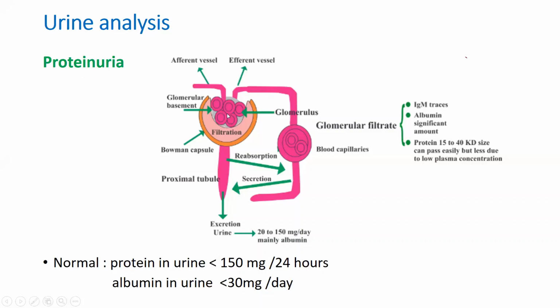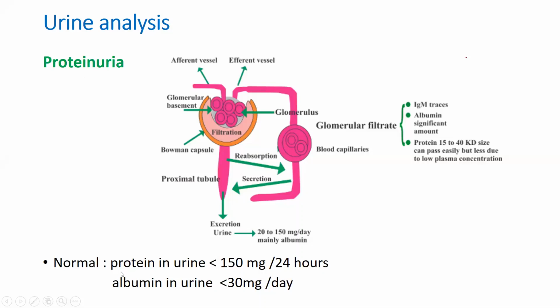So proteins can come from your glomerulus, and once they come down, some of them get reabsorbed at the tubular level. Some of them can get secreted from the tubules as well. And finally, you get a final amount of protein in the urine.